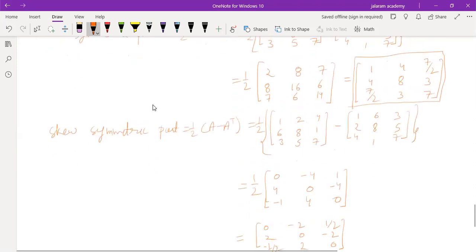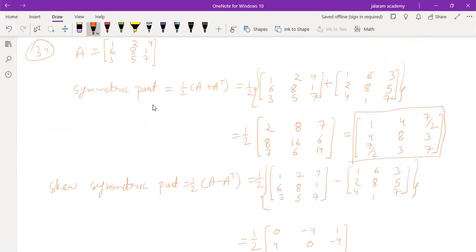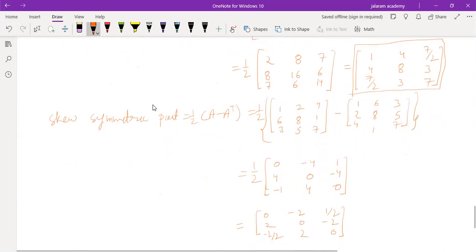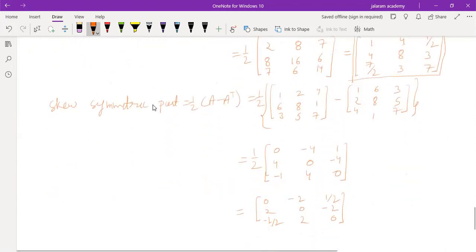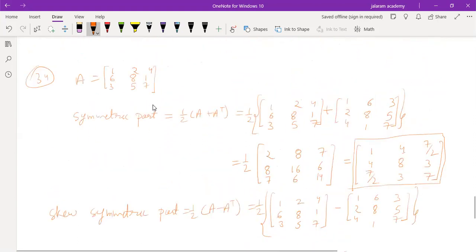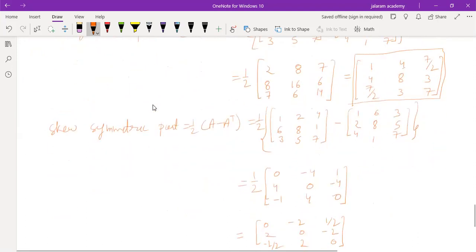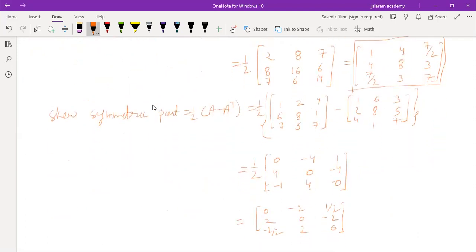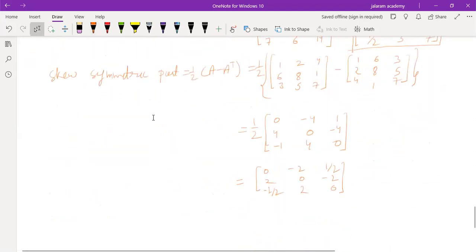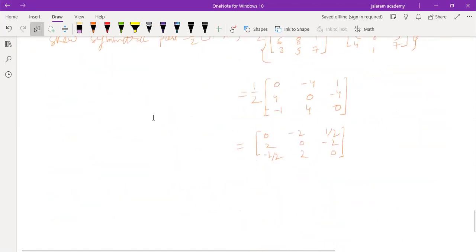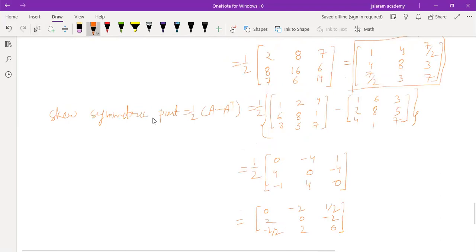So they are the two parts, one of which is symmetric and the other is skew symmetric. If you add these elements, 1 plus 0 is 1, which is the first element, 4 minus 2 is 2, the second element, 7 by 2 plus 1 by 2 is 8 by 2, which is 4, 4 plus 2 is 6, the third element. So all elements are matching. It means this is the correct answer.